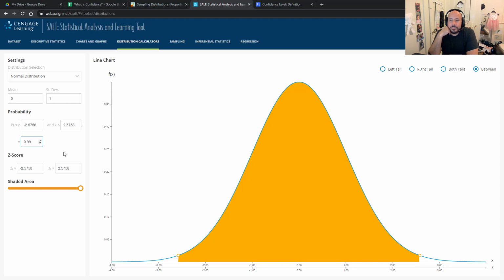So our steps for computing critical values, okay, is to go to our SALT distribution calculator, normal distribution, make sure we have a mean of 0 and a standard deviation of 1. We select between, and then what we do is we put the confidence level right there.